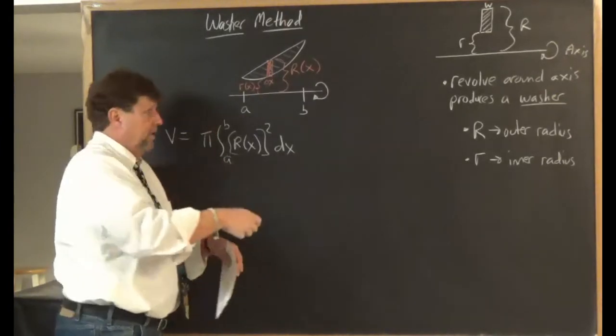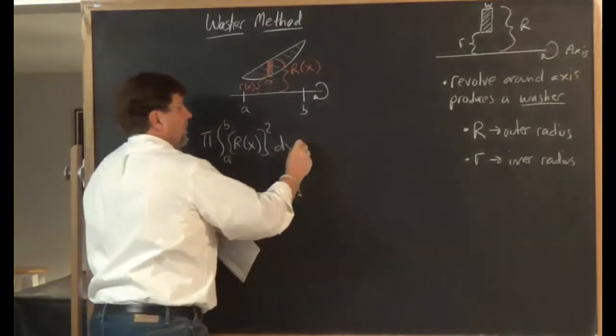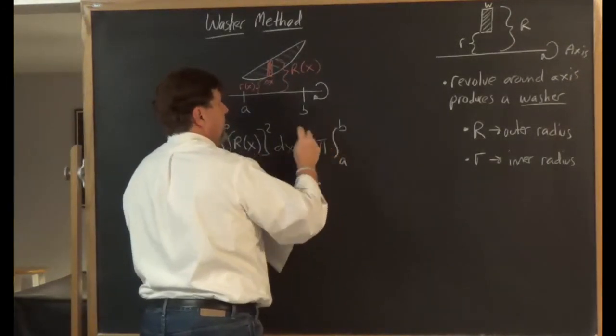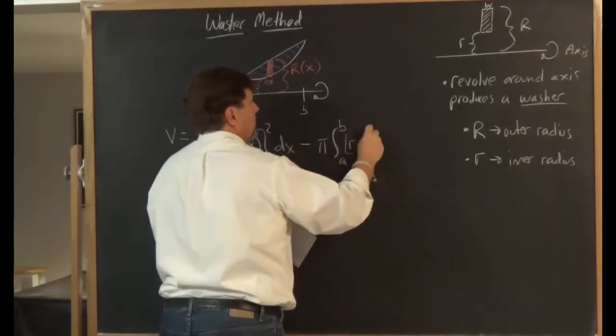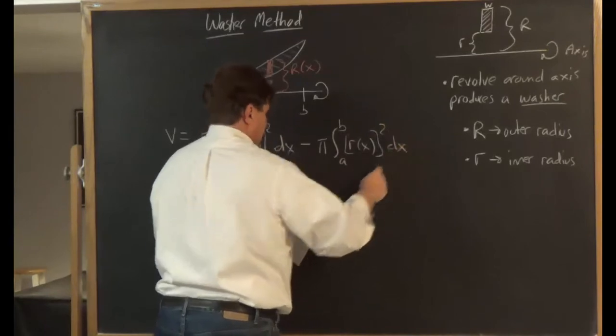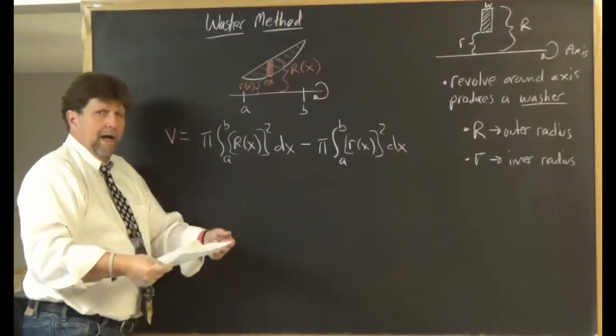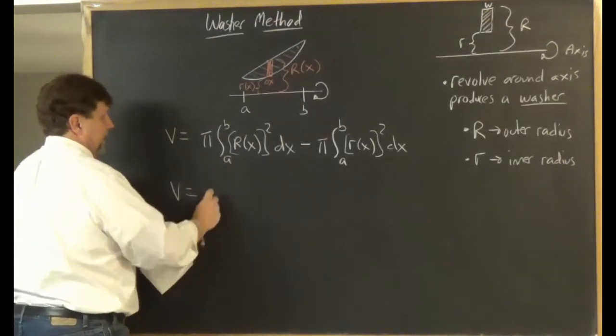But there is a hole. We subtract off the volume of the hole. The volume of the hole is pi times the integral from a to b, little r of x, squared dx.